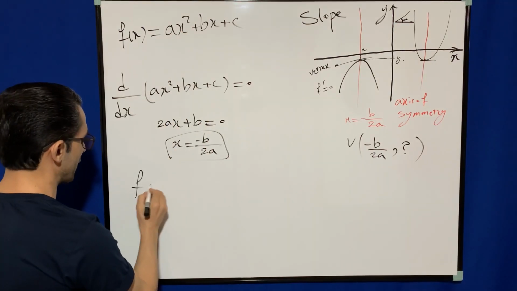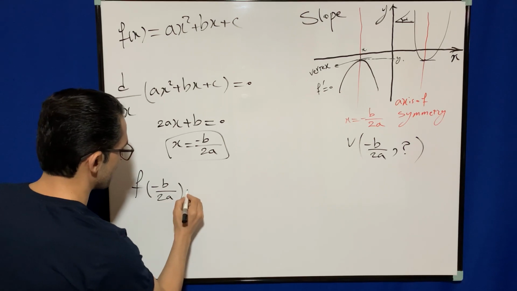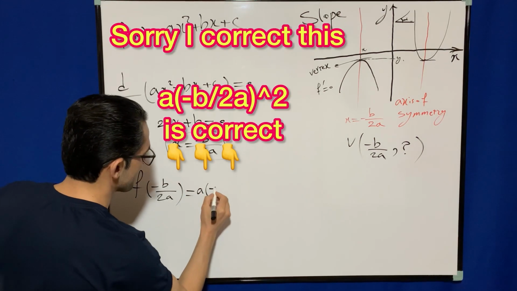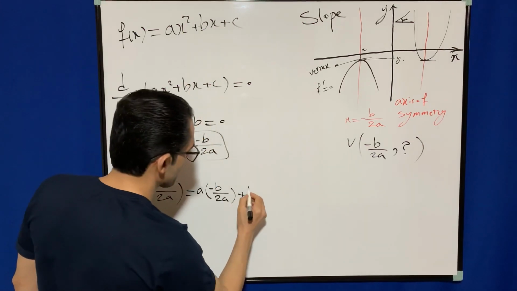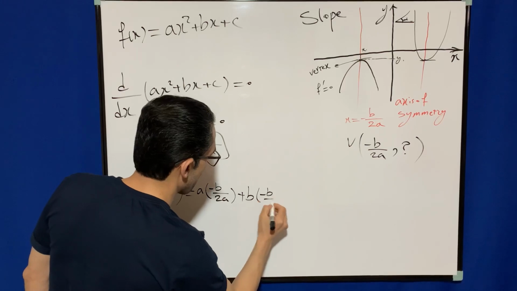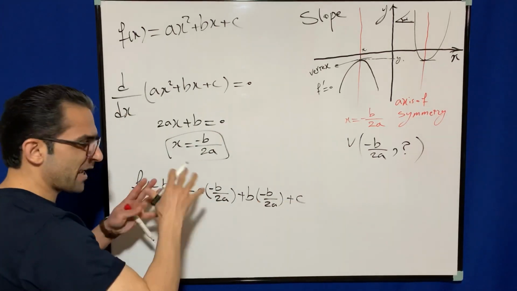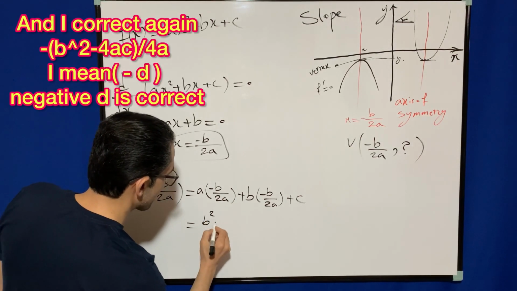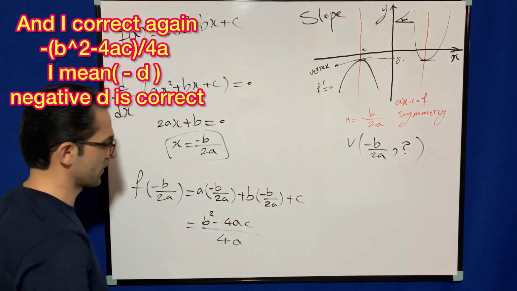We must calculate f of negative b over 2a equals a times (negative b over 2a) squared plus b times negative b over 2a plus c. After the calculation, the answer is b squared minus 4ac over 4a.